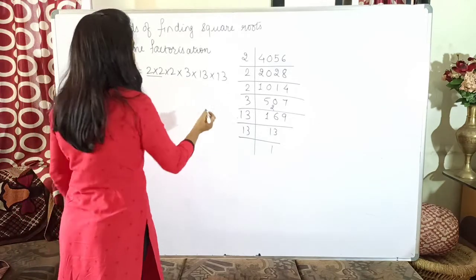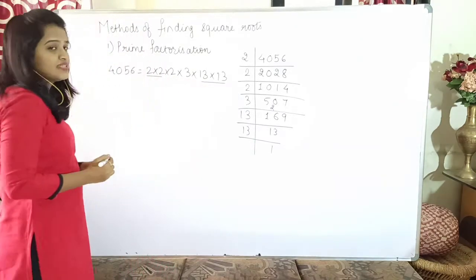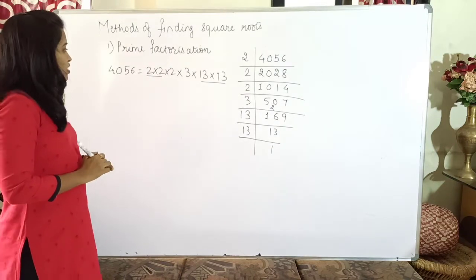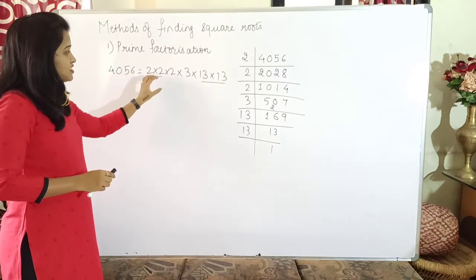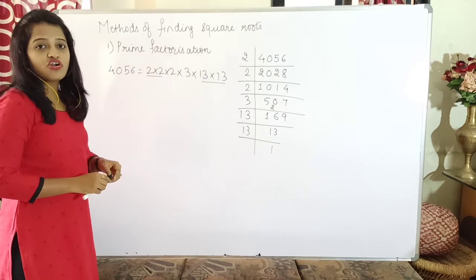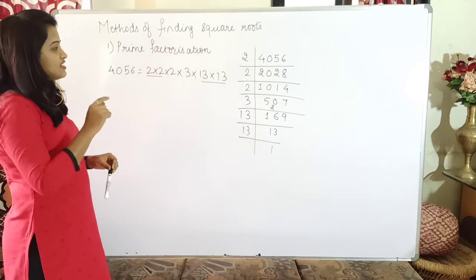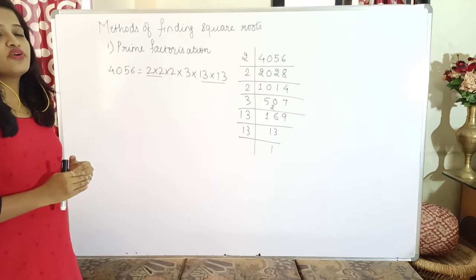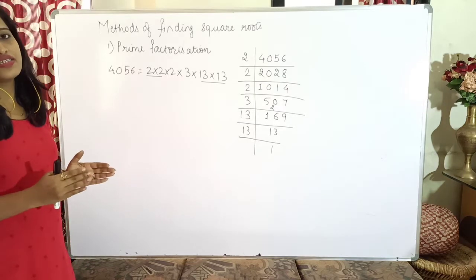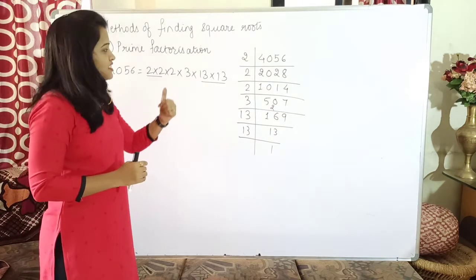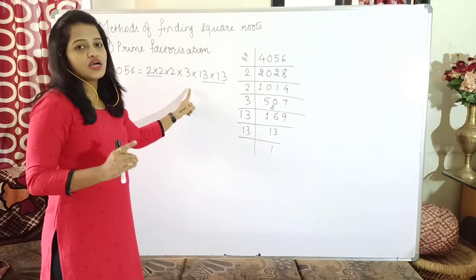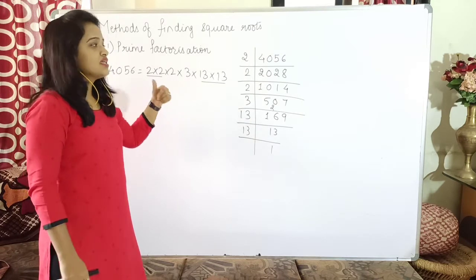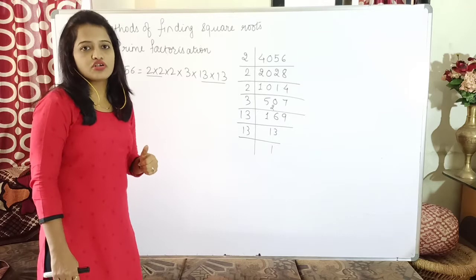What about 3? It also does not have its pair. And the 13 has its pair. So what can I say? Since there are two factors which are not present in pairs, the given number is not a perfect square. If it has to be a perfect square, all the prime factors have to be present in pairs. Since 2 and 3 are not in pairs, the given number is not a perfect square.